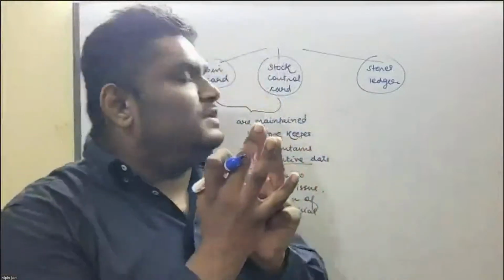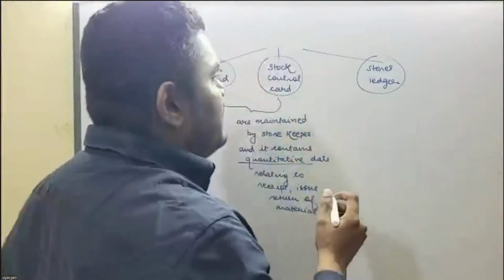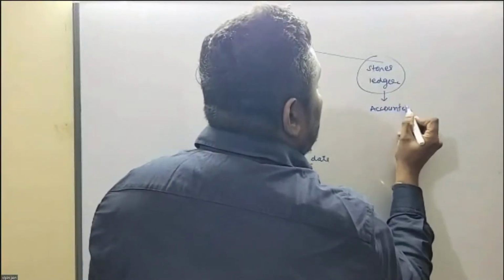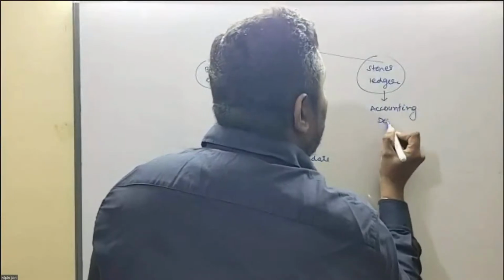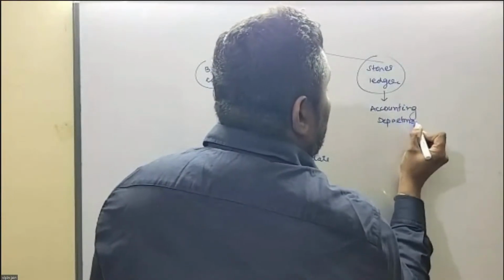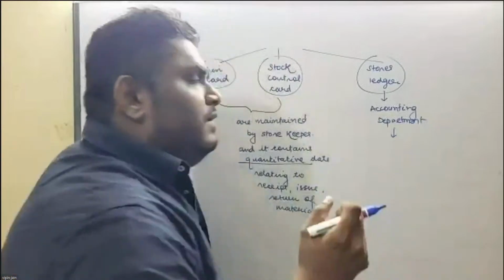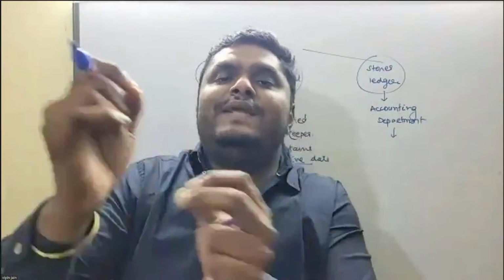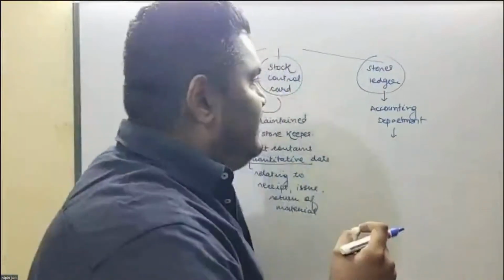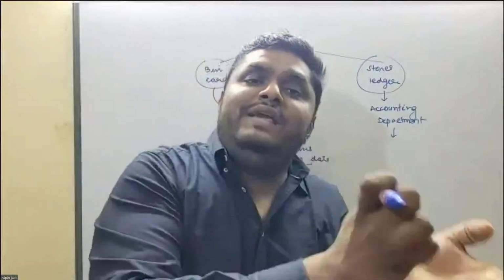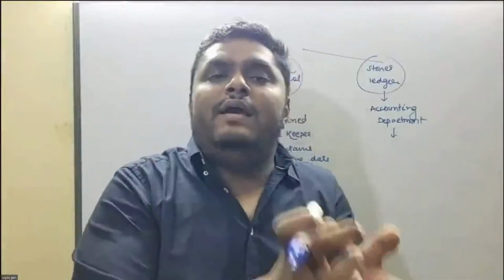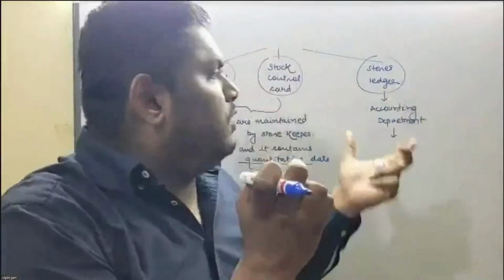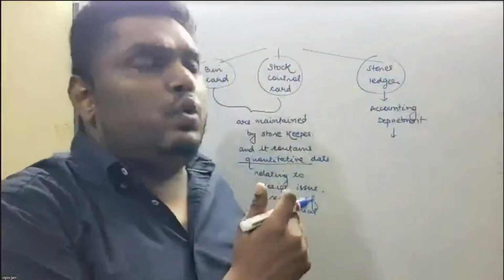Now, when talking about the stores ledger, it is maintained by the company's accounting department. Further, the stores ledger contains quantitative data as well as data in financial terms. That is, how much quantity came in and what value of quantity came in, plus how much quantity was issued and what value of quantity was issued. All that is maintained in the stores ledger.